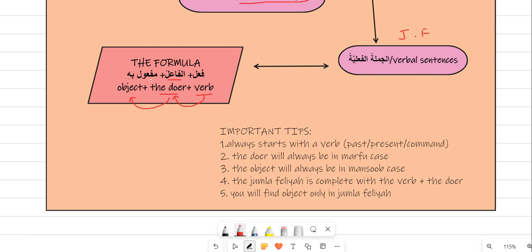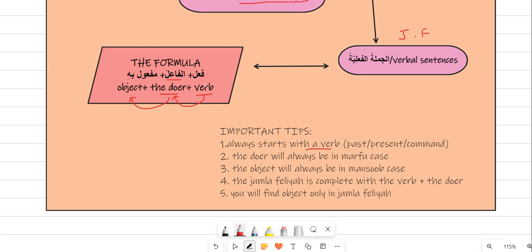Remember these terms. So now, important points about the jumla feliyah: it always starts with a verb, be it past, present, or command. You will always find a tense or a verb at the start of the sentence of jumla feliyah.